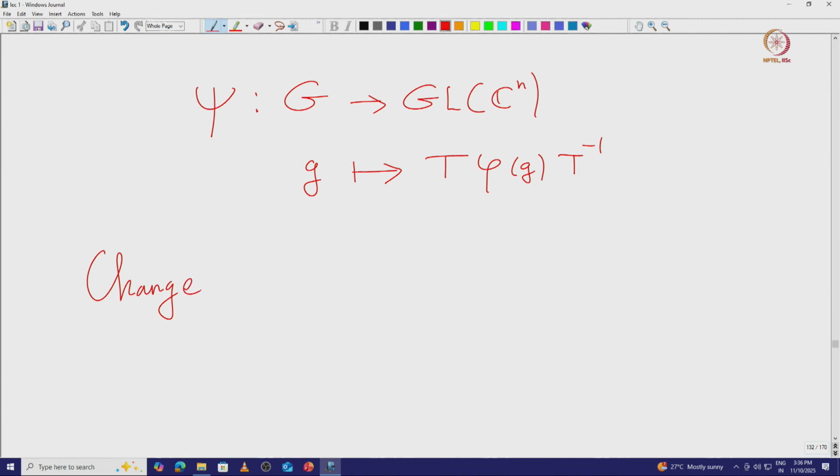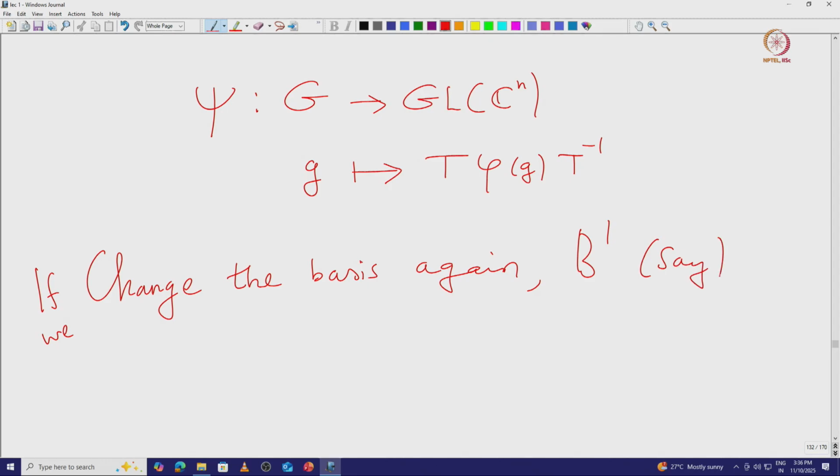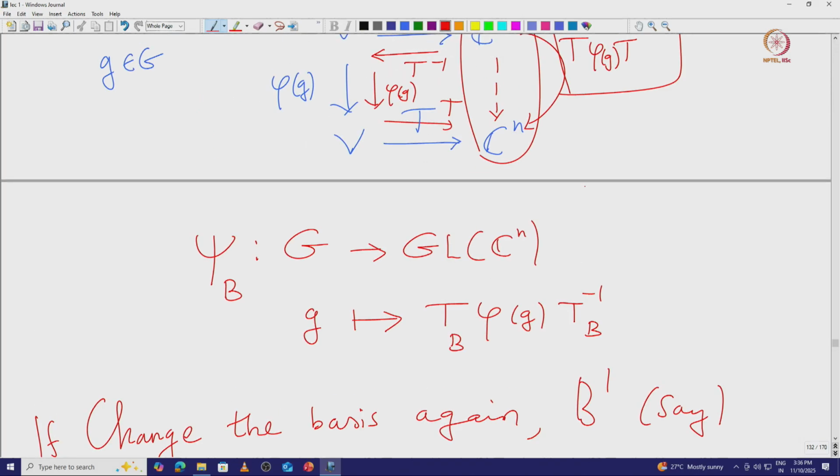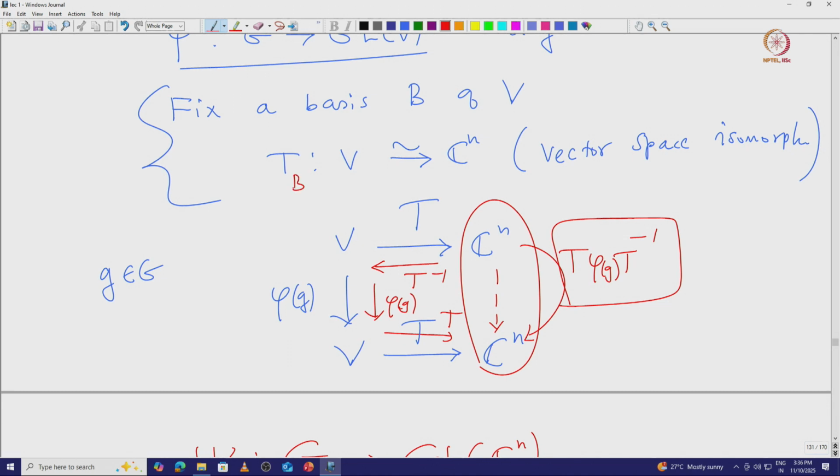If we change the basis again, say we have this b dash, then similar to this b, let us call this xi b. So we will have another map xi b dash. So this map, let us say T b inverse. That is the map that is given here, T b inverse.